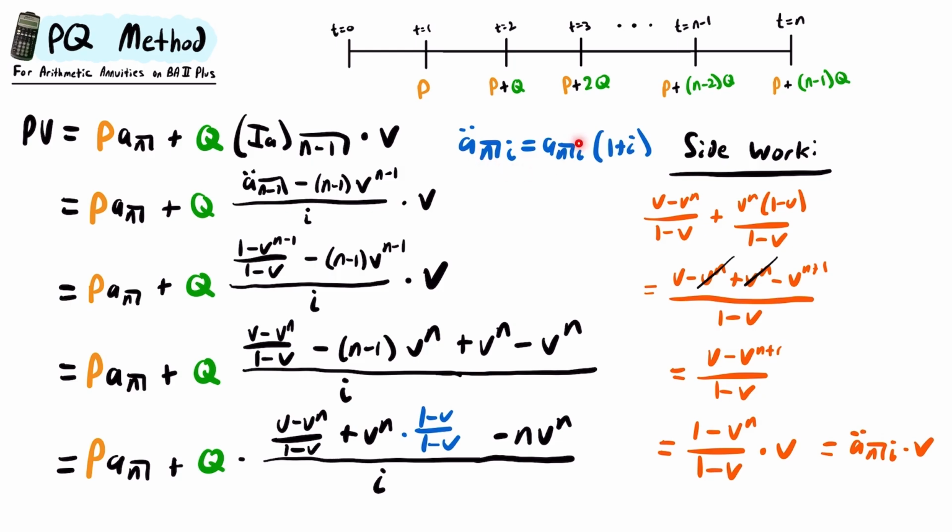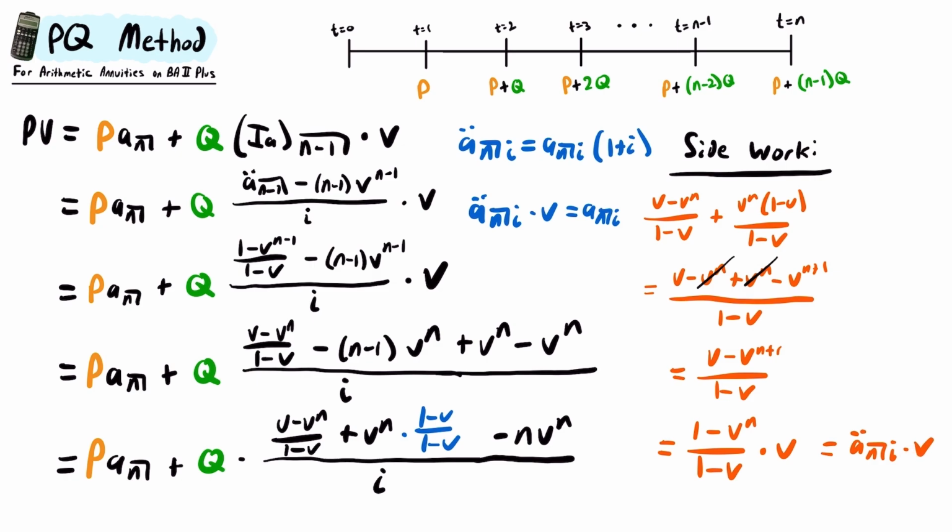And so if you were to solve for the present value of an annuity immediate, you would divide both sides by this accumulation factor, which is the same as multiplying the present value of the annuity due by a present value factor. So you get a double dot n bracket i times v equals a n bracket i. Okay, so that's exactly what we have right here.